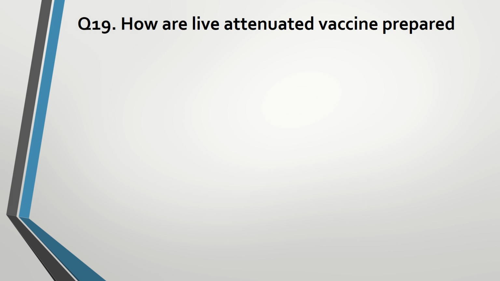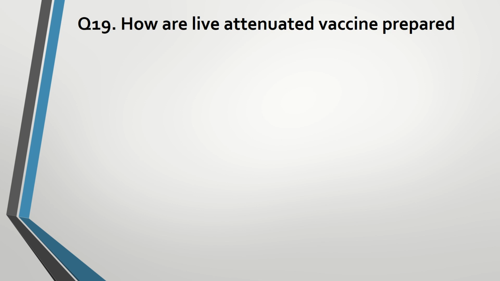How are live attenuated vaccines prepared? In this question, firstly we will know what a live attenuated vaccine is, and also examples of live attenuated vaccines. We also deal with how they are prepared, their preparation.